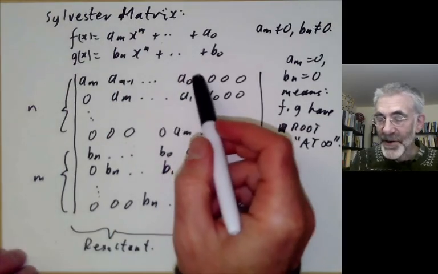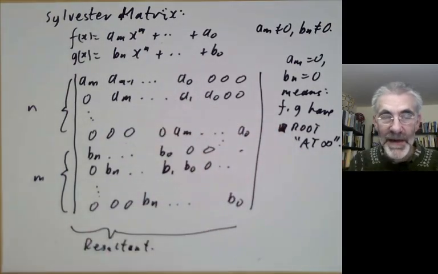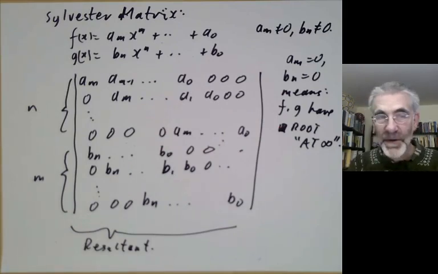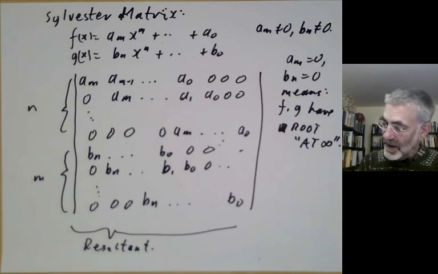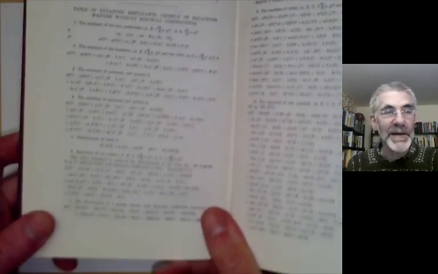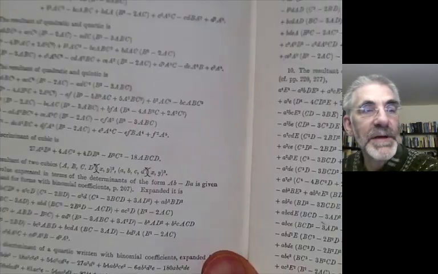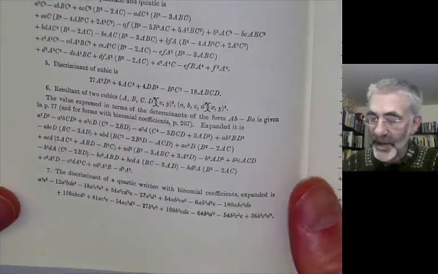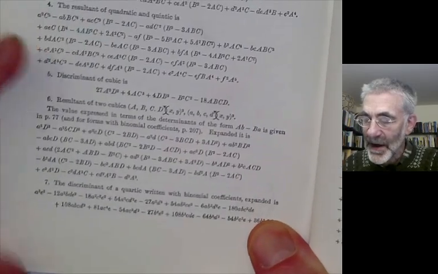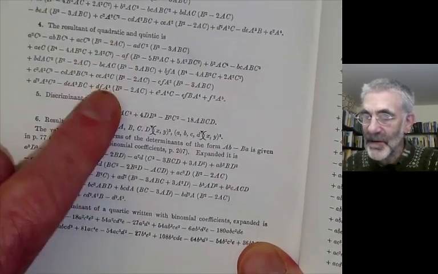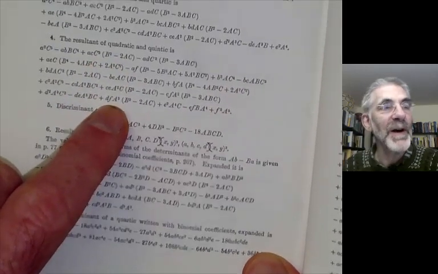Well, as you can imagine, working out this determinant is actually a bit of a mess, except in a few small cases. I've got some pictures of it from Salmon's 19th century algebra textbook. Let me just magnify this a bit so you can see. So down here we have the resultant of a degree 2 and a degree 5 polynomial.